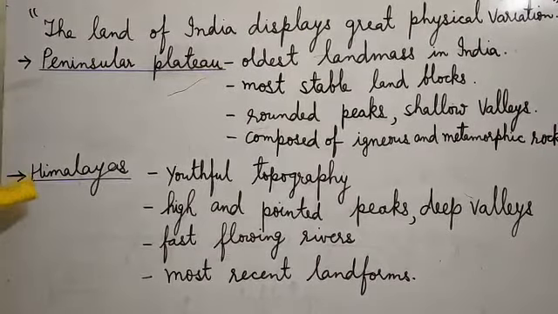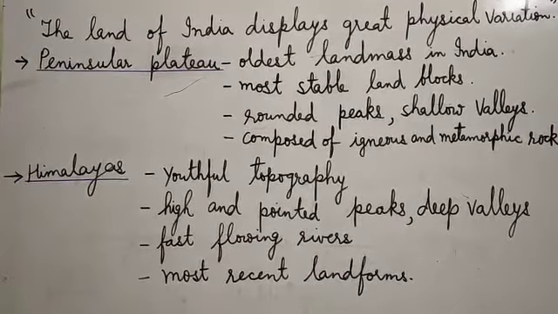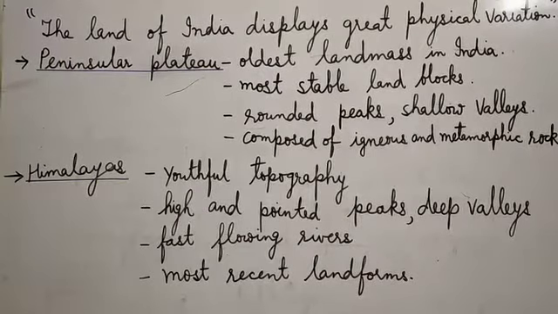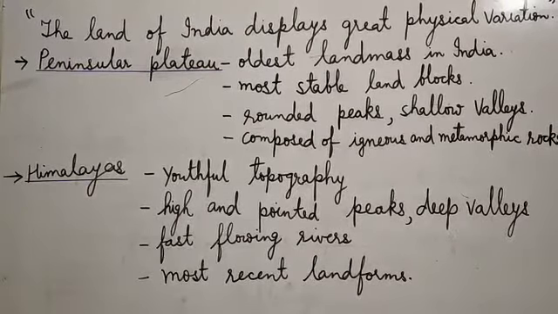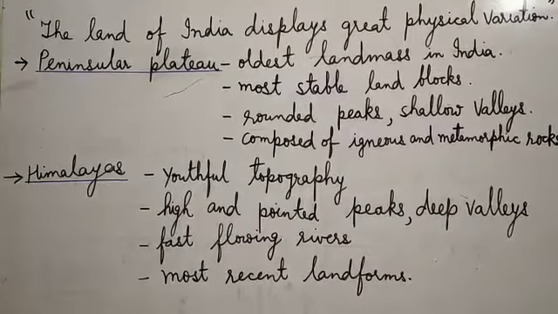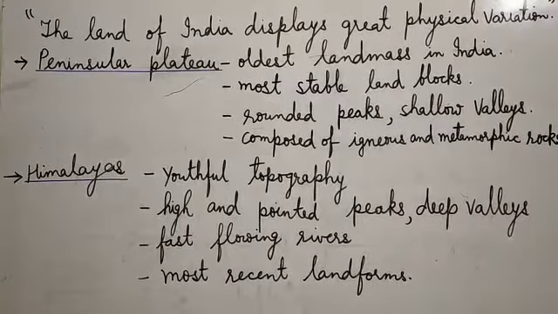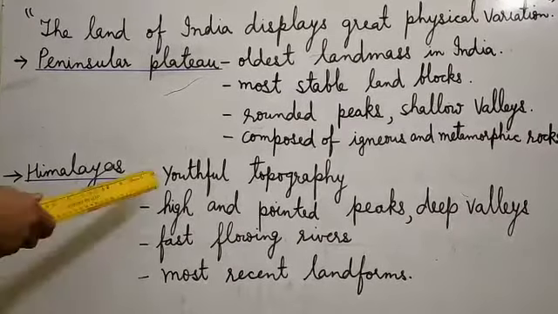On the other hand, we have northern India. In northern India, we have two special features: the Himalayas and the northern plains of India. Both of these features are the most recent landforms. They are youthful in topography. So how can we say they are youthful in topography? Himalayan features have high and pointed peaks, and they also have deep valleys.